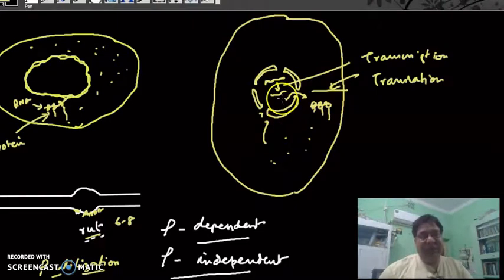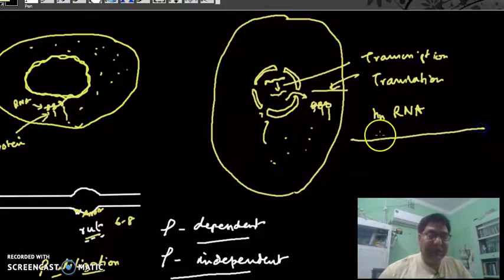And this is required because the transcripts that are formed in eukaryotes are not the mature transcript. They are called hnRNA, as they contain the non-coding sequences also. hnRNA, heterogeneous nuclear RNA, comprises both exons and introns.